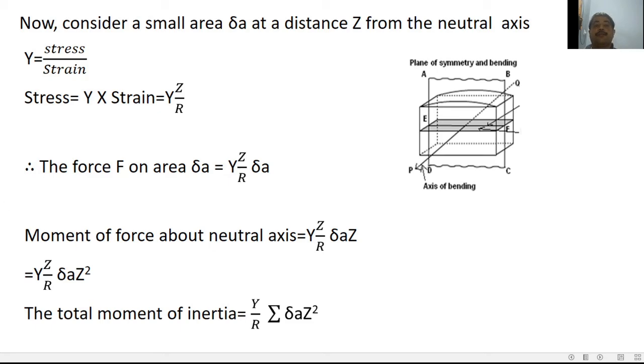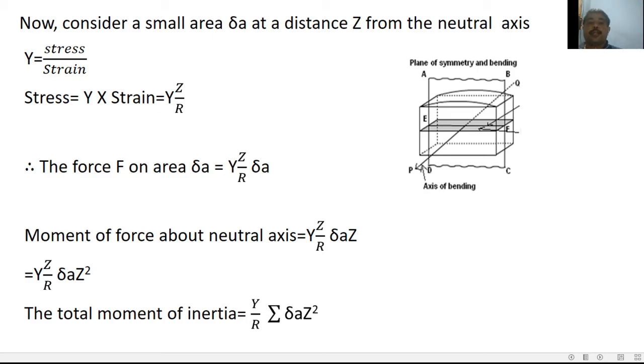We know that from the definition, the moment of force is equal to force into perpendicular distance from the axis of rotation. Here the force is Y z by r delta A, and the perpendicular distance from the axis of rotation is taken as z. So this equation becomes Y into z by r delta A into z square.